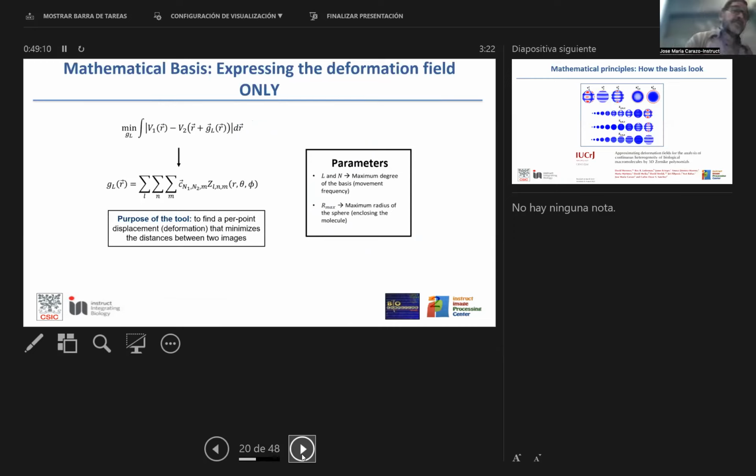Because I guess sometimes you're going to have negative values of deformation. You're right. Yes, I was happy with these two things.